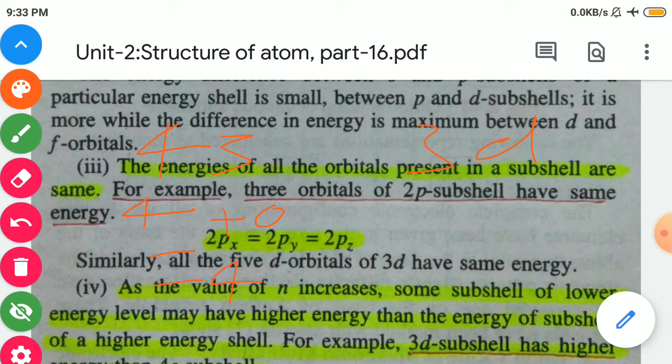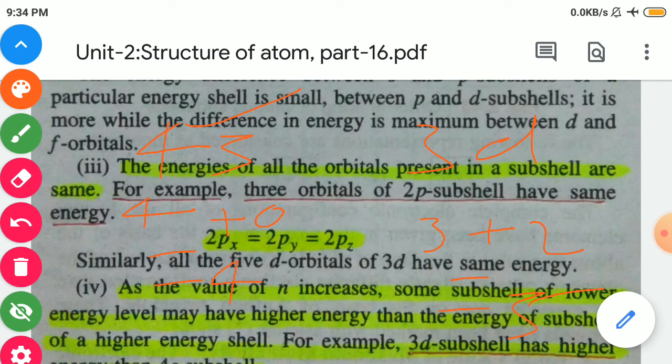Now in the case of 3d, the n value is 3 and the d subshell corresponds to l value 2, so 3 plus 2 is equal to 5. So the n plus l value of 4s is 4, but the n plus l value of 3d is 5. The subshell which has the lesser value of n plus l, the electron fills there first. Therefore the electron will reach 4s first, and then after filling 4s, the electron will reach the next subshell, that is the 3d subshell.